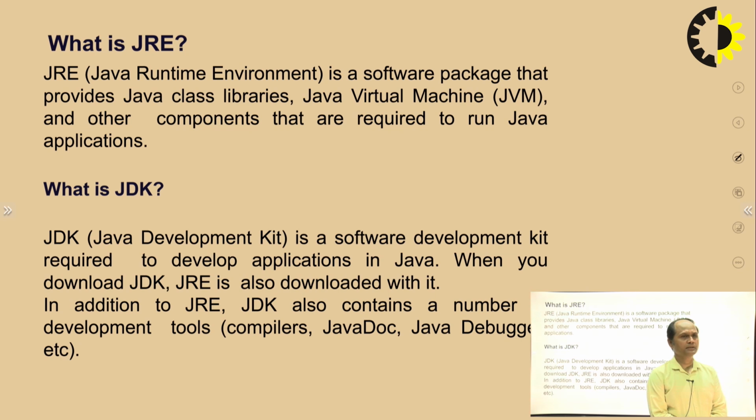JDK, the Java Development Kit, is a software development kit required to develop applications in Java. When you download the JDK, the JRE is also downloaded with it. In addition, the JDK contains a number of development tools like the compiler, Javadoc and the Java debugger, lots of tools built into the JDK.